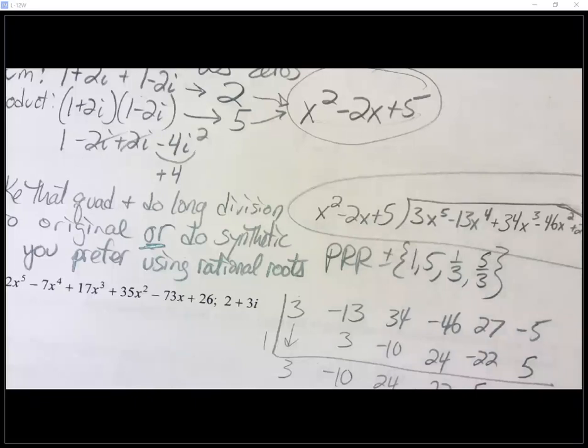Or I could run through this list and find another one, and then it would make my life that much easier. So it's kind of personal preference right here. You can do long division and know, once I do this, I'll be down to a quadratic and I can solve it and get out of here. Or do you run through the rest of the numbers doing synthetic and hope to find another 0? So that's kind of your choice.